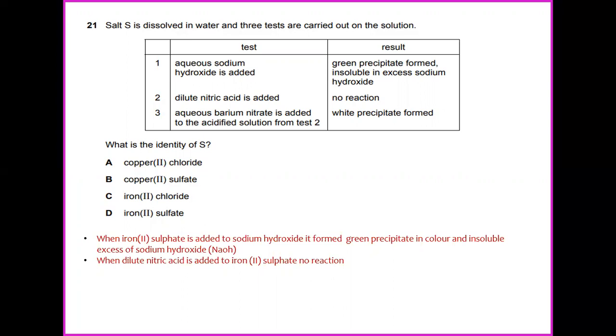When dilute nitric acid is added to iron(II) sulfate, there will be no reaction. So the answer would be iron(II) sulfate.